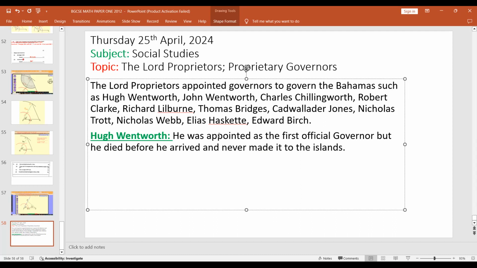He ended up drowning, right? But his brother was named the governor, and that's why his brother became the first one who actually made it. So he drowned at sea.